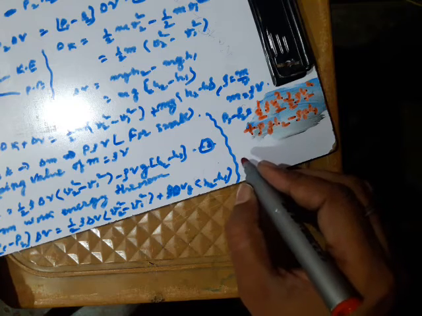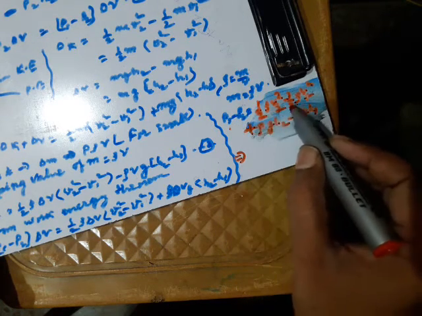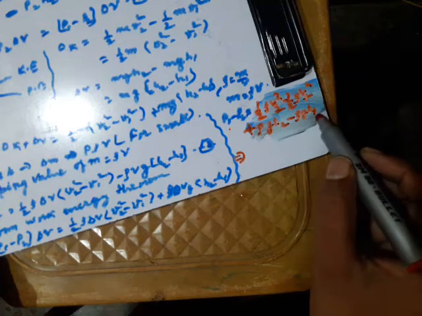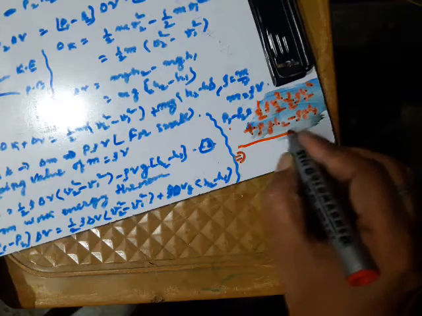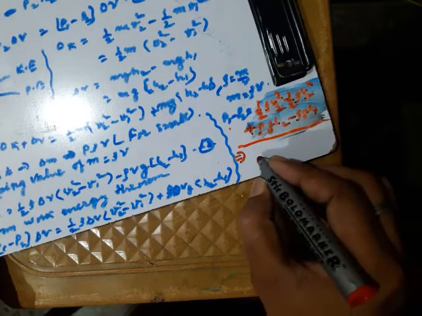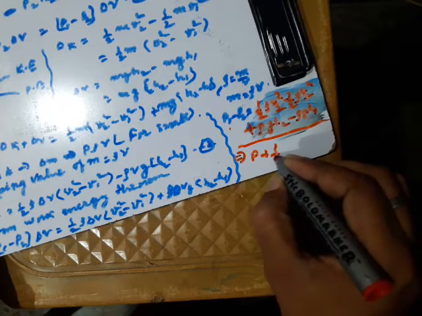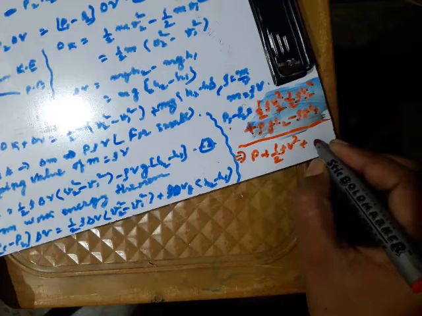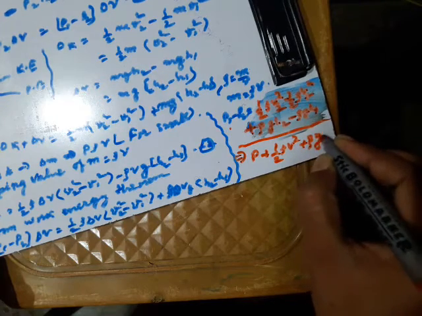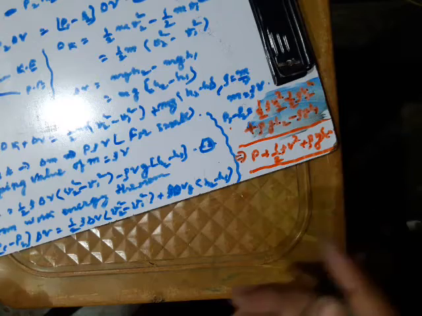Now you can write P1 plus half rho v1 square plus rho g h1, and finally the theorem: P plus half rho v square plus rho gh. This is the derivation of Bernoulli's principle.